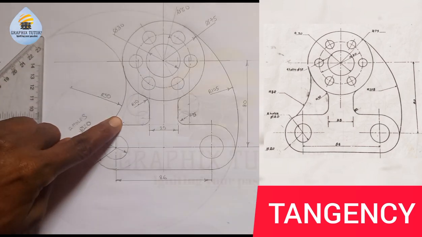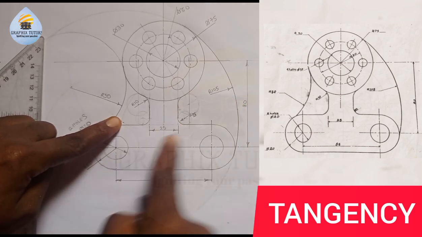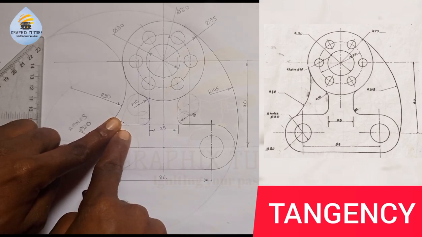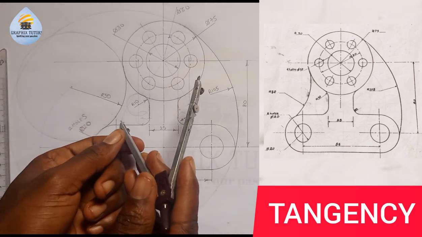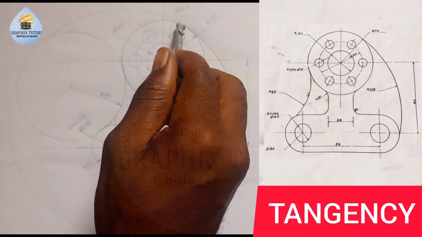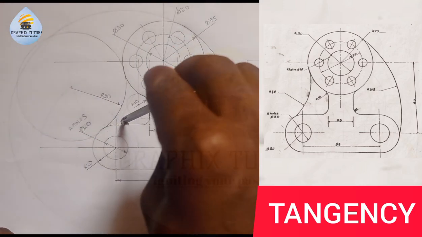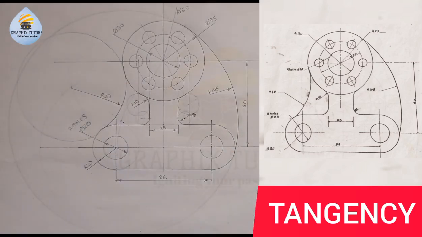So where they meet will be the center of the circle that this arc is cut from. Are we together now? So if I now place at that point, that is the center there. Hope you can see that.